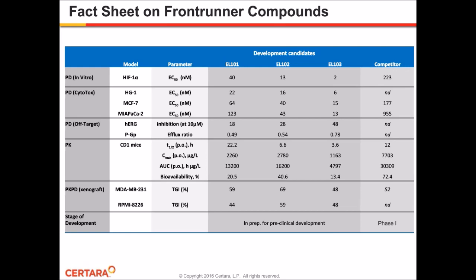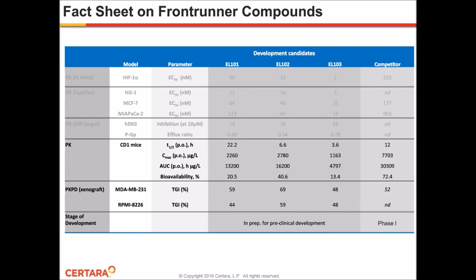But this slide is really too busy, too many figures. Let's focus on those parameters that are relevant for today's discussion. So what you are seeing here now in bold black are the PK parameters like half-life, Cmax, and AUC, as well as PK/PD data.